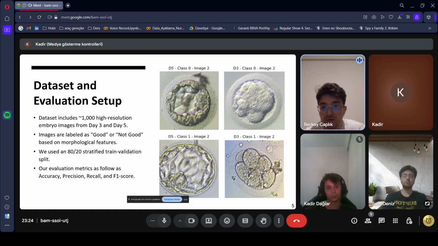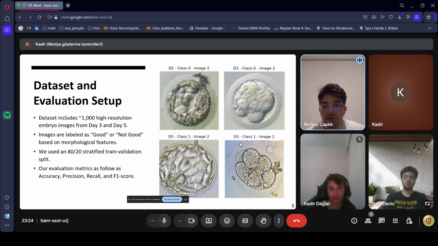The dataset used in this project, provided by the competition organizers on Kaggle, consists of approximately 1,000 high-resolution microscopic images of human embryos, taken at two development stages, day 3 and day 5. Each image is labeled as either good or not good based on the morphological criteria defined by medical experts.